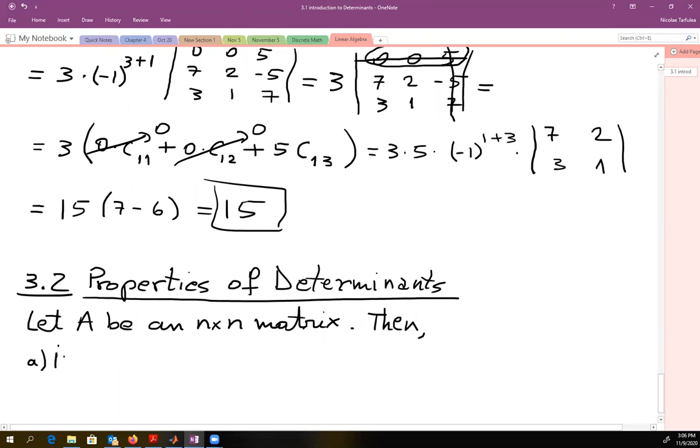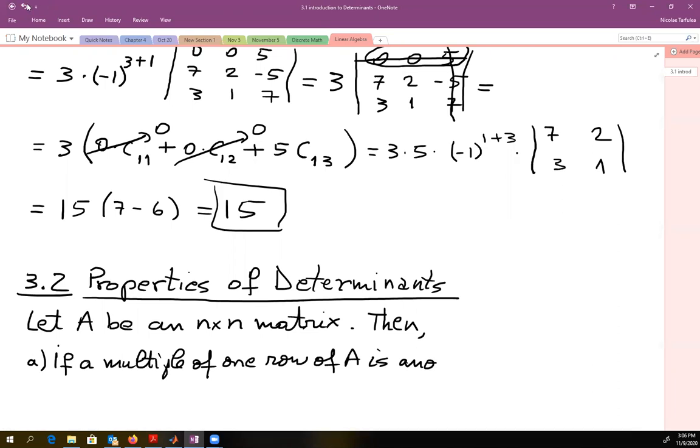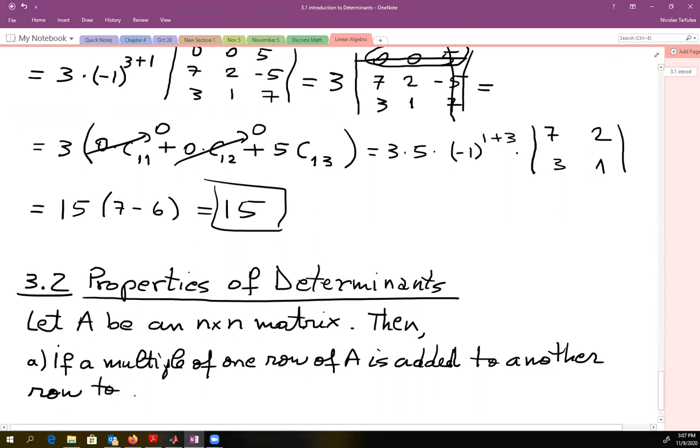If a multiple of one row of A is added to another row, I'm going to exemplify these things, to produce a matrix B of the same dimensions, then the determinants of these two matrices are equal.